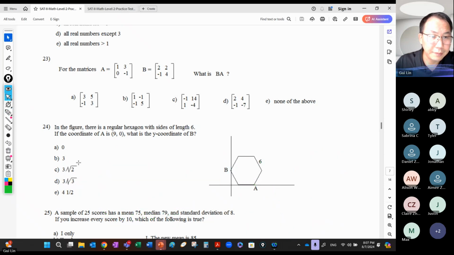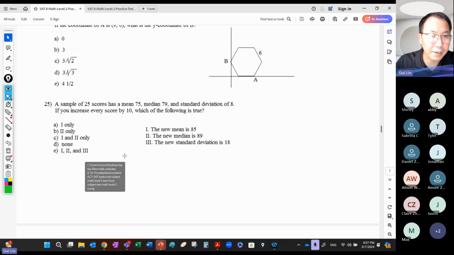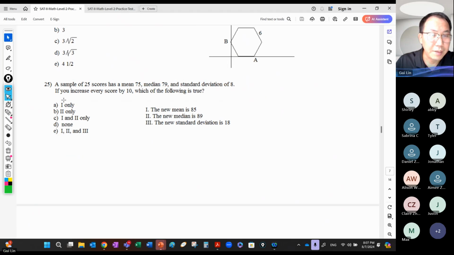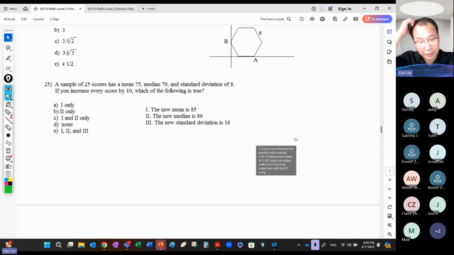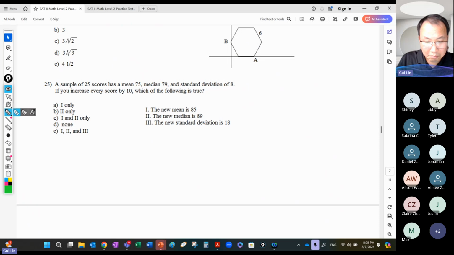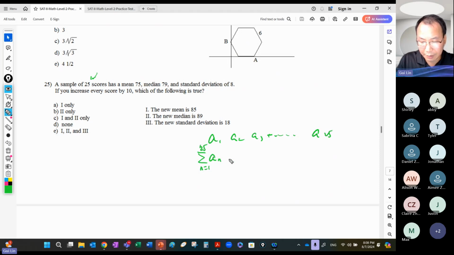All right, let's go to 25. A sample of 25 scores has mean 75. We don't know what the 25 scores are, so we can say A1, A2, A3, up to A25. So sigma of A_n from 1 to 25, sigma means the sum of them, right?